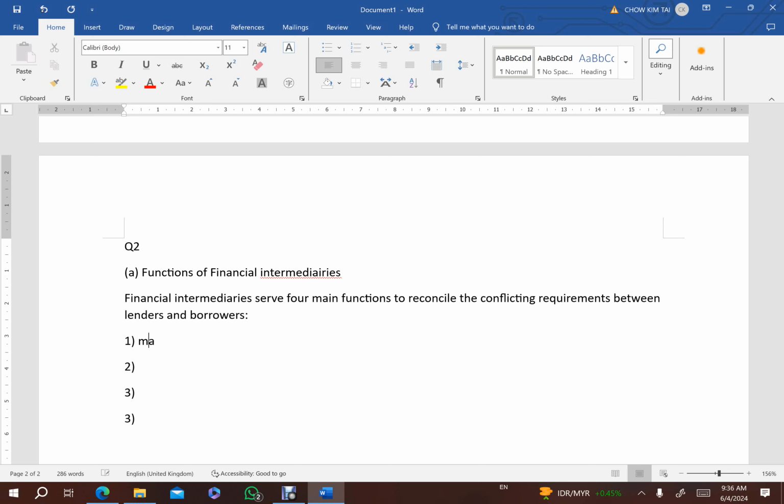Maturity transformation, you explain. Size transformation or credit accumulation. Liquidity transformation.